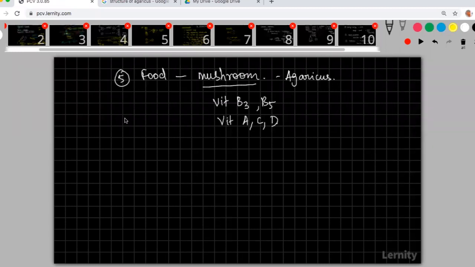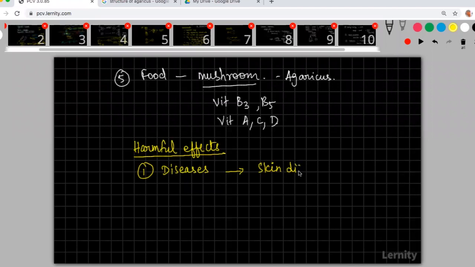So the next one is harmful effects. If you are going to talk about harmful effects, the first one is they will cause diseases. So skin diseases, or you have plant diseases.